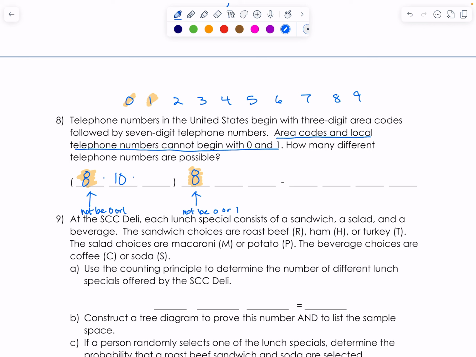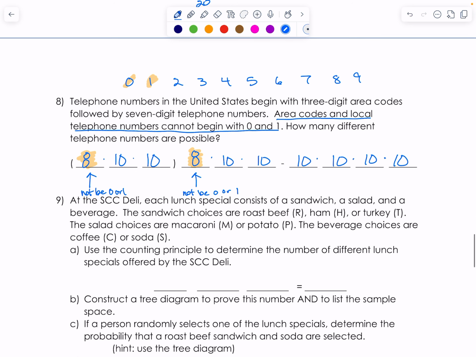And notice it didn't say that it could not repeat, right? So I can have 10 choices for each of these other ones. So I have 8 times 8 is 64.